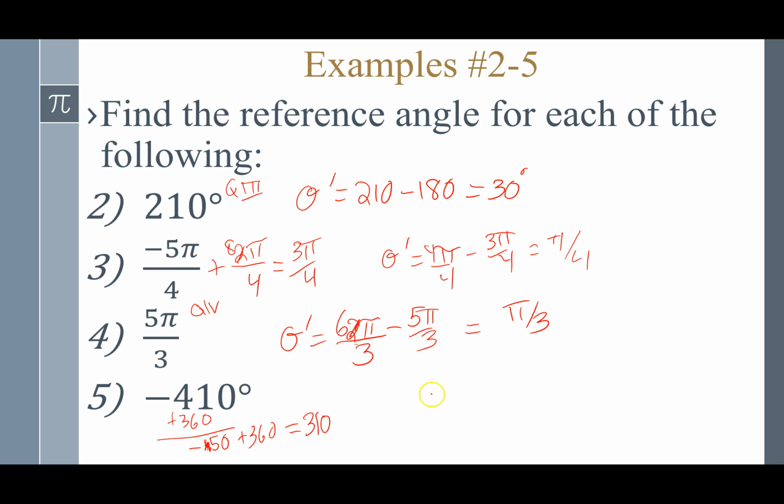That's also in quadrant 4, so our reference angle then is 360 minus 310, which is 50 degrees. So again, you're just using the reference angles chart to convert your angles from where they are to where they need to be. Again, identify the appropriate quadrants and then use the appropriate formula based off that.